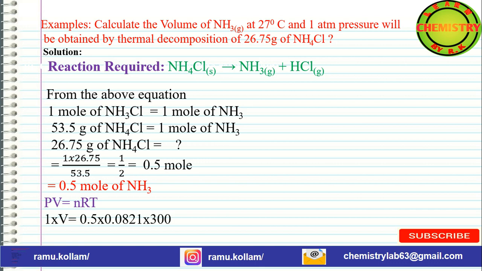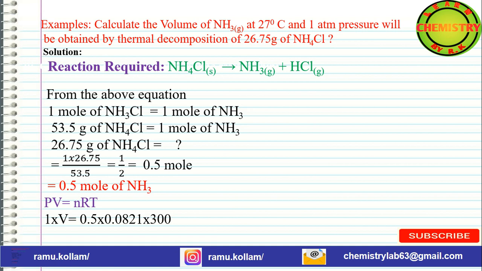So here P is 1 atmosphere pressure. The formula we already have, and we want to find V. n is 0.5 moles. R is 0.0821, a constant value.